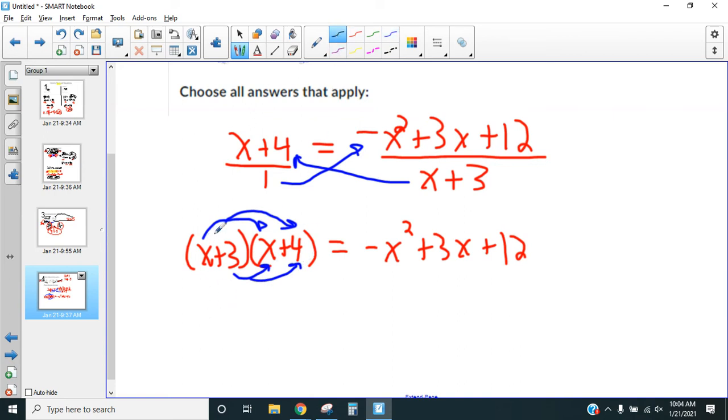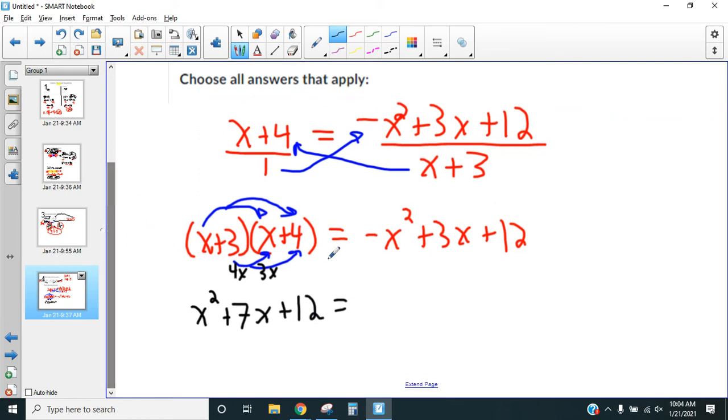So this will end up with x times x, which is x squared, and then x times 4, 4x, and then 3 times x, which is 3x, and then I add those together. What do I get? All right, let's go jam it all in here. We know what's going on. And 3 times 4, 12. Everything over here remains the same.